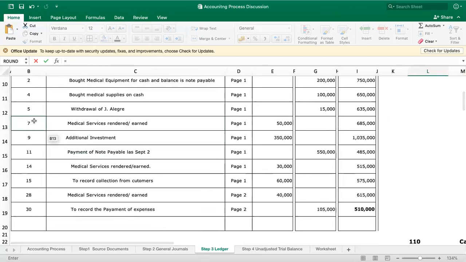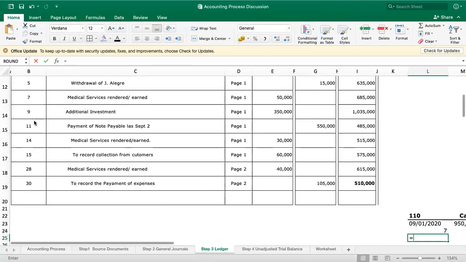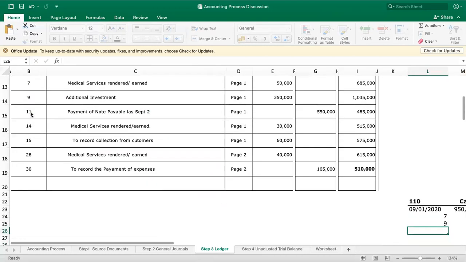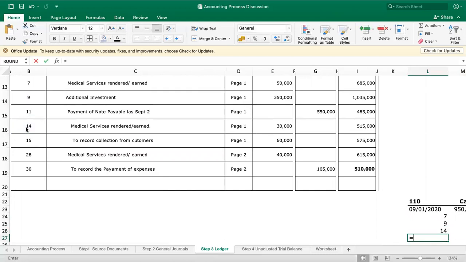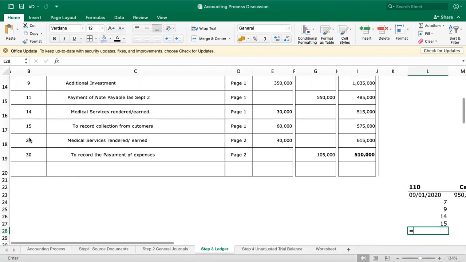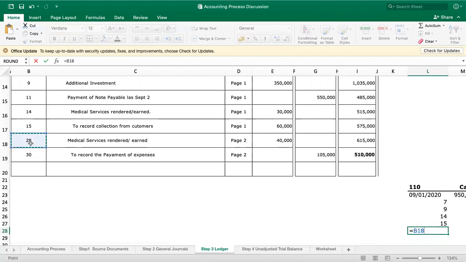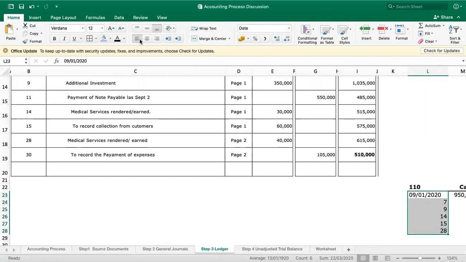So this is 7, 9, that is 14, 15, and 28. So let's copy the amount.